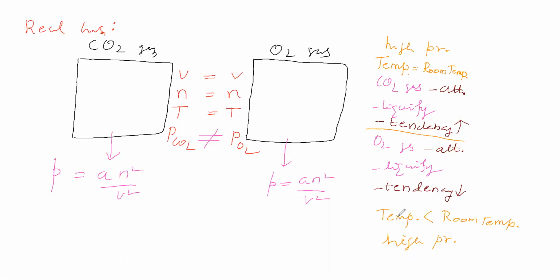But this one we have to take to less than room temperature, which means we have to do something to bring its temperature down. For this one we need not do anything regarding temperature. We will keep it as it is in the room, so it will be at room temperature.